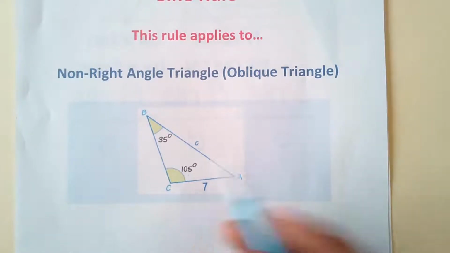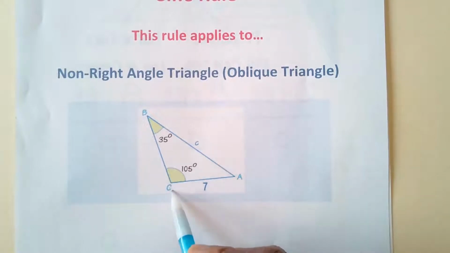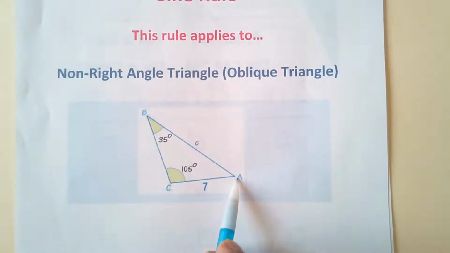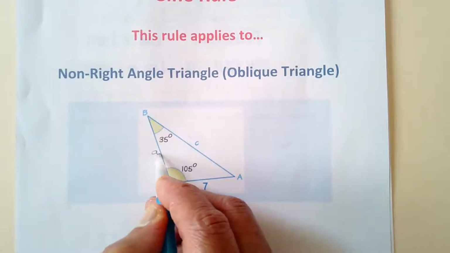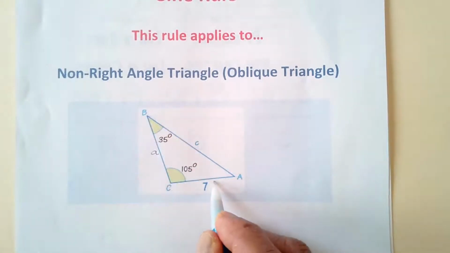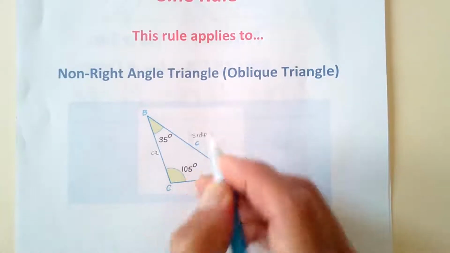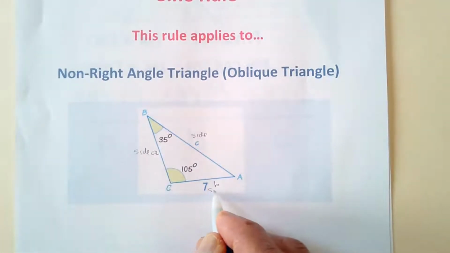They're matching letters, but one is lowercase and the angle is uppercase. Same as angle A, this would be side a, and this is angle B, this will be side b.